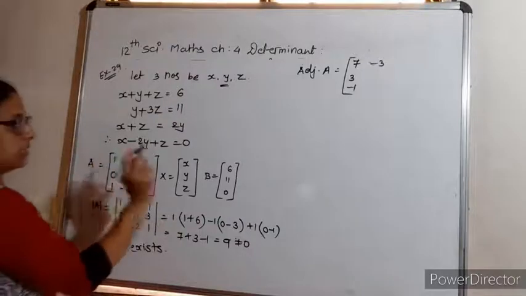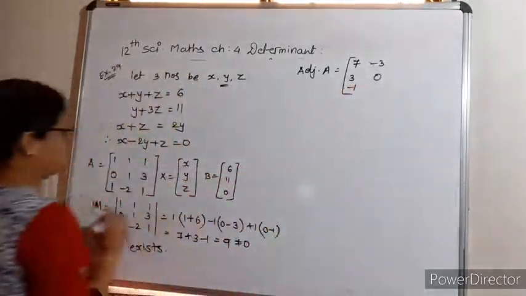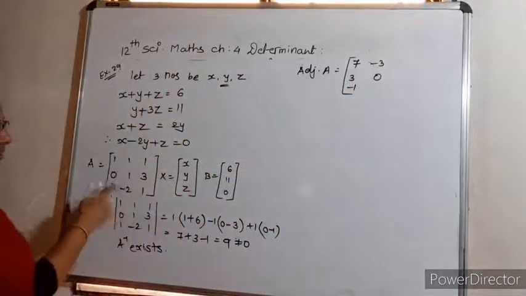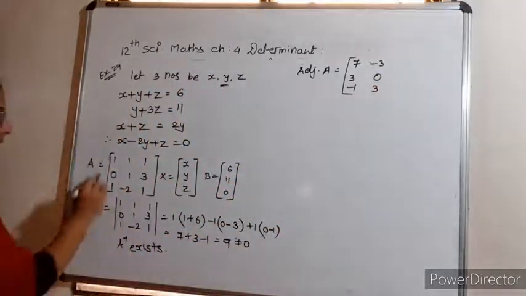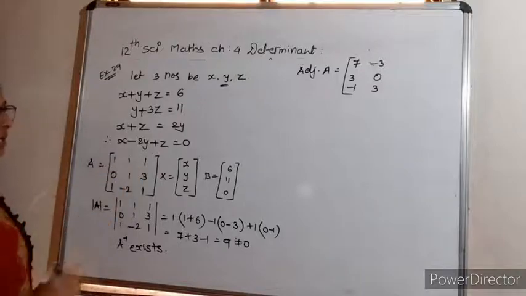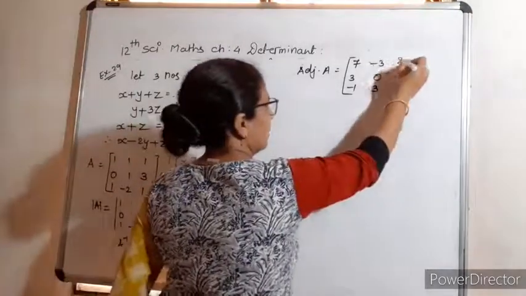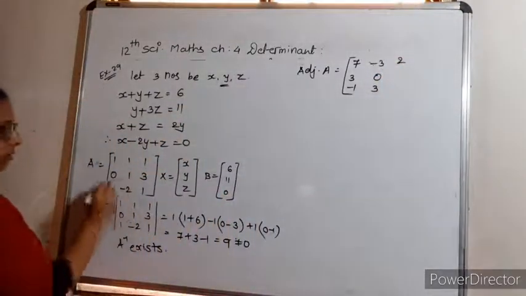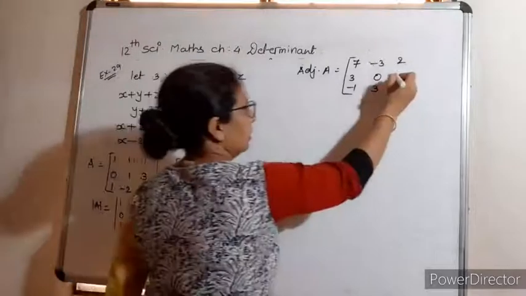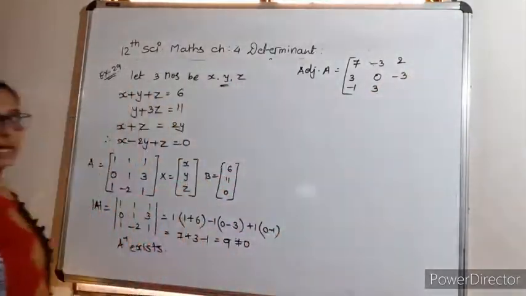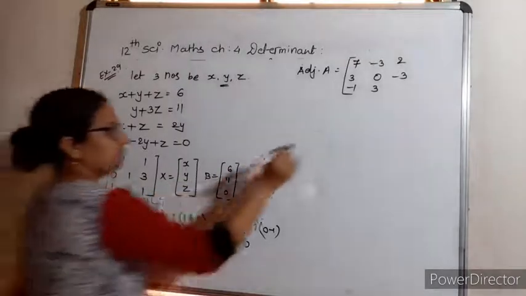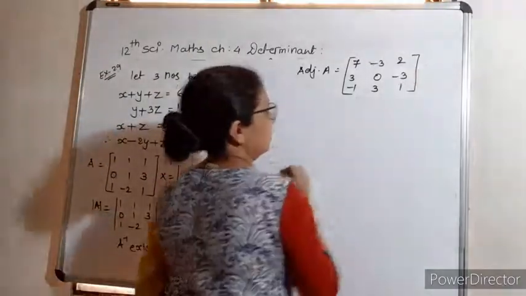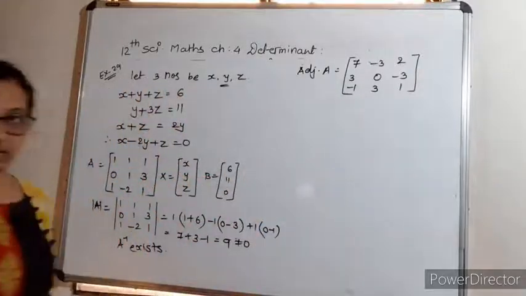Here 1 minus 1, 0. Here minus 2 minus 1, minus 3, but change the sign. Then here 3 minus 1, it is 2. 3 minus 0, 3, but change the sign, minus 3. Here 1 minus 0, 1. Now this is our adjoint.